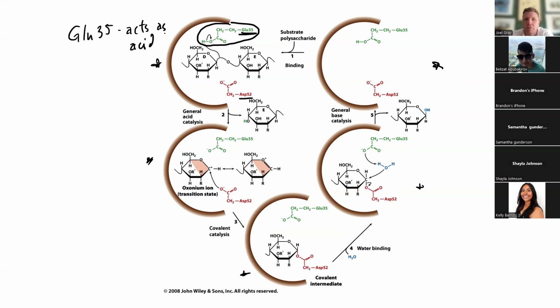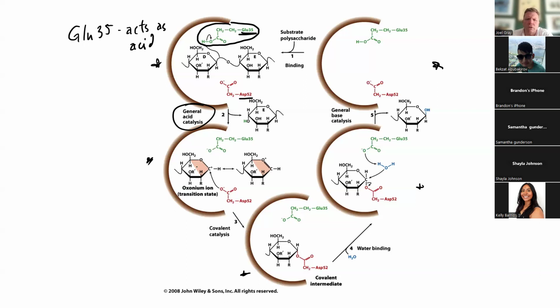That's not a mistake. So why is this acid-base or why isn't this acid-base catalysis? Well, we can't answer that question with this right here. But what we can say is glutamic acid starts out this reaction by acting as an acid. It donates a proton. And whenever it donates a proton, here's our general acid catalysis, glutamate 35 is deprotonated.